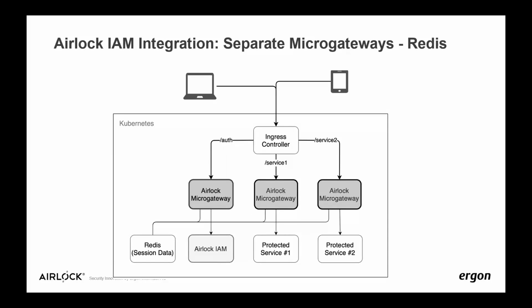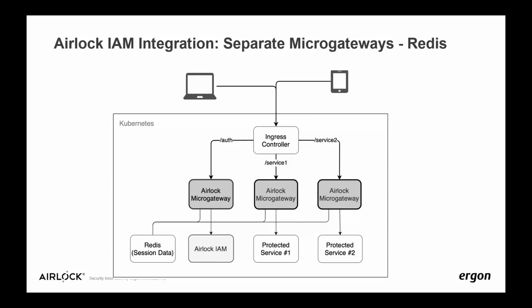The other way, which is more typically microservices-like, is that you have one microgateway running in front of every service. In front there's an ingress controller, of course, routing the request to the corresponding microgateway.